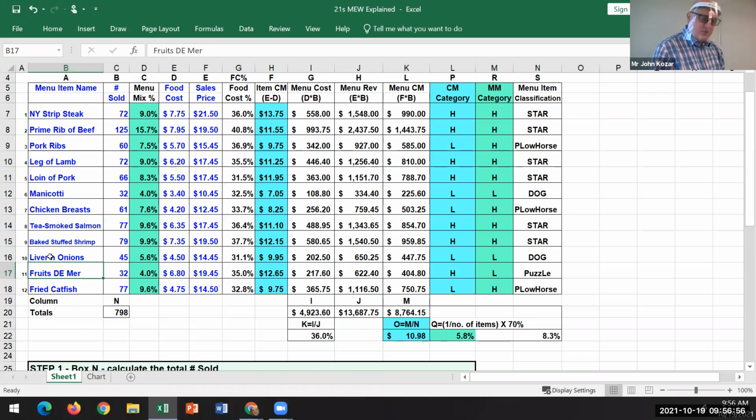Okay, so what if this were liver and onions and it's a dog on our menu? Why would we want to keep it on the menu?